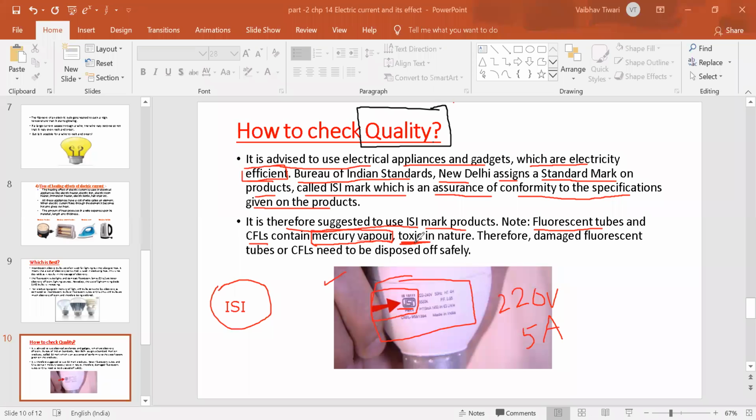Therefore, damaged fluorescent tubes or CFLs need to be disposed of safely. We should not throw them anywhere so that anyone can come in contact with them. They should be disposed of separately so that no one is affected or harmed by the mercury vapor contained in them. Understood? So I hope it is clear to everyone.